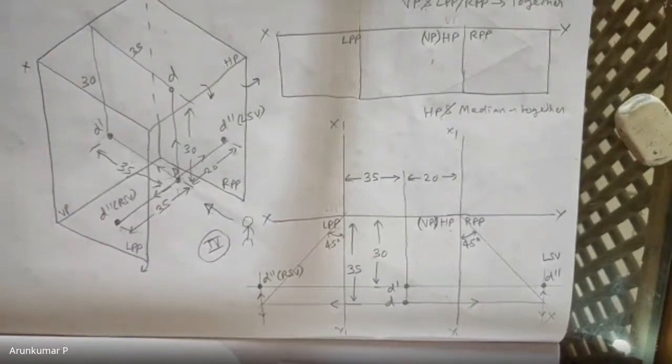Draw all the three views of a point P lying 60 mm below HP, 70 mm in front of VP, and 40 mm from RPP.